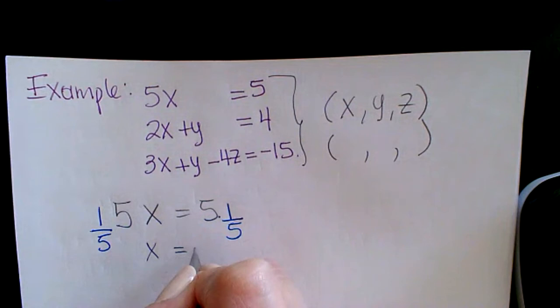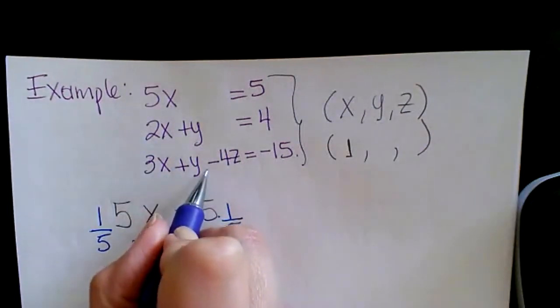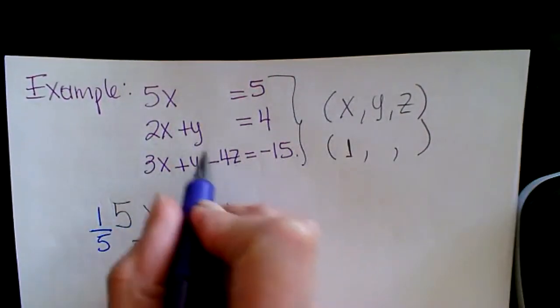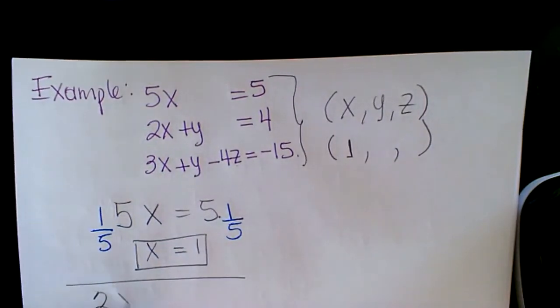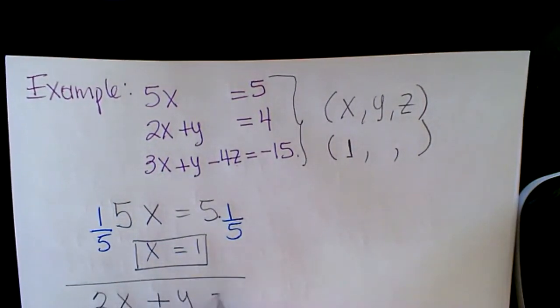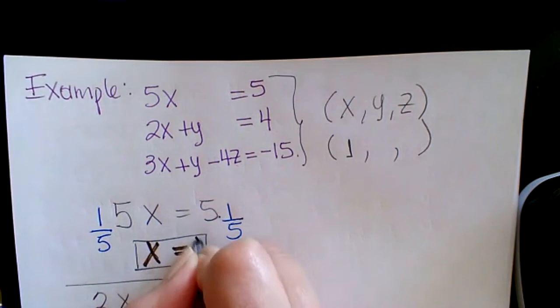Now, having this one, I can go and substitute it into this one. Not this one because I will have 2 unknowns. So I'm going to use this one. So I know that 2x plus y is equal to 4. And this is what I just got for x.